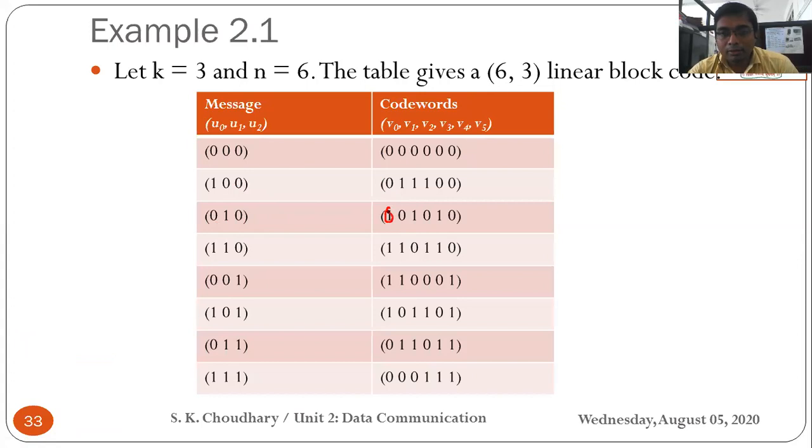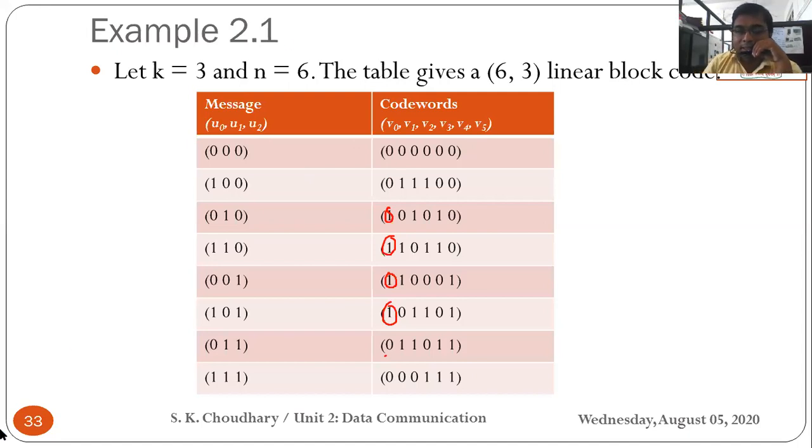Then 1 plus 0 is 1, 0 plus 1 is 1, 0 plus 1 is 1, 1 plus 1 is 0, 1 plus 1 is 0. So V0 is nothing but U1 plus U2. In a similar fashion, you can see what V1 is, which has been defined here.